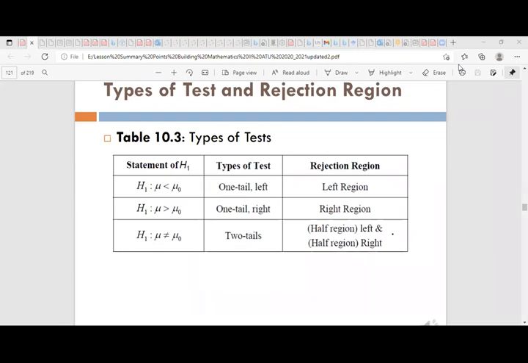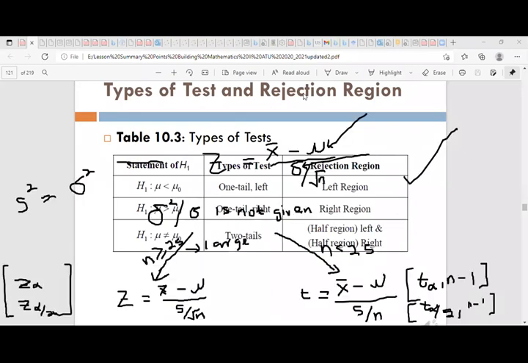Okay, so Salim, you're asking me to go back to this one. So what I'm saying is, in very short form, in an example, when you notice your sample size is greater than or equal to 25, you use the Z statistic.